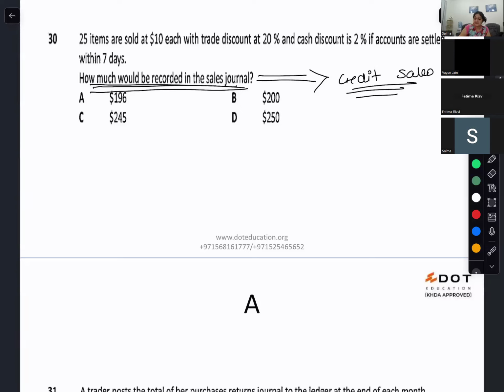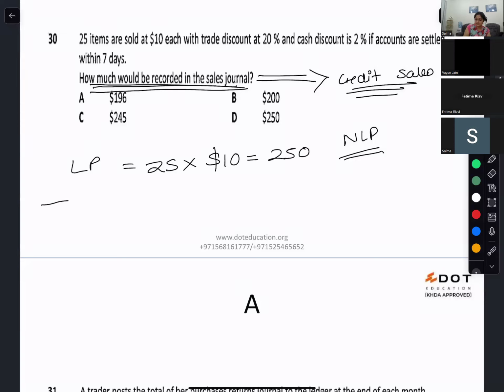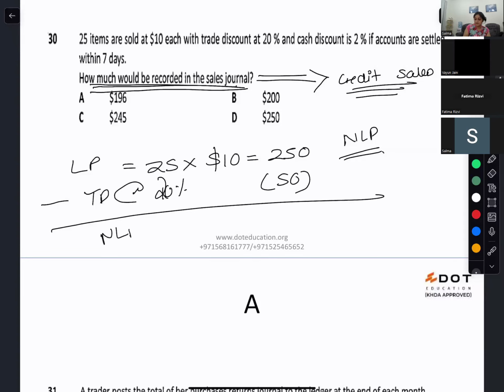Net list price. Can you give me the net list price? 20 items are sold at 10, so 20 times 10 is 250. Then the trade discount is 20%, which is 50. That's 200, the net list price. So B.